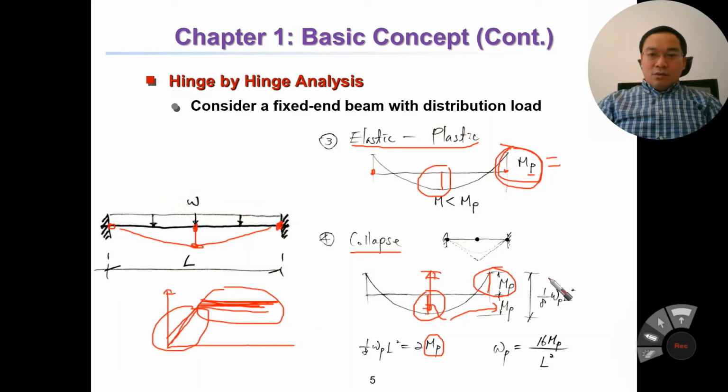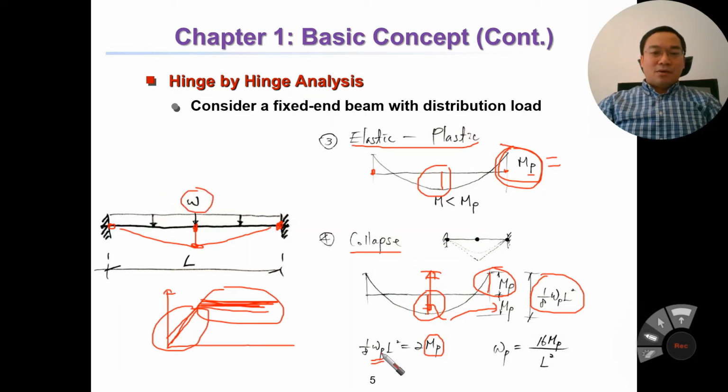And the total moment is always WL square over 8. Wp means the collapse load.